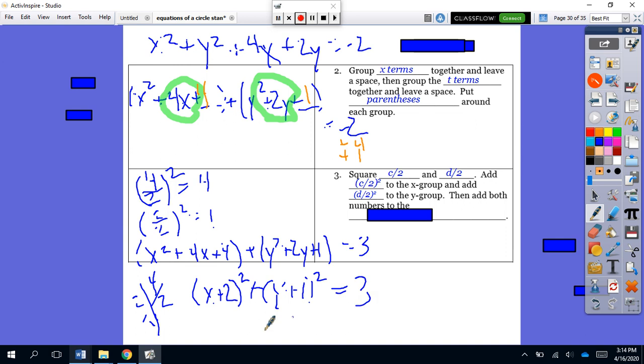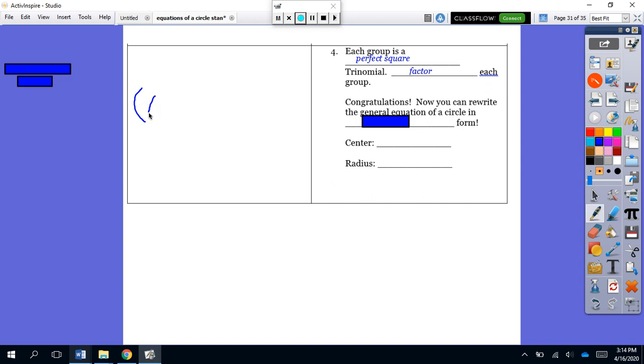So I get x plus 2 squared plus y plus 1 squared equals 3. Now I can tell the center and radius because the center, remember, is the opposite of these two numbers. So it'll be -2, -1. And the radius is the square root of whatever this number is, so the square root of 3. Let me just leave it square root of 3.